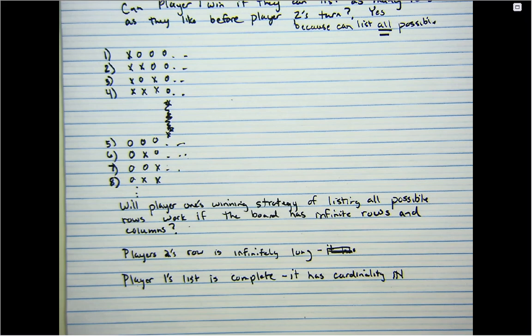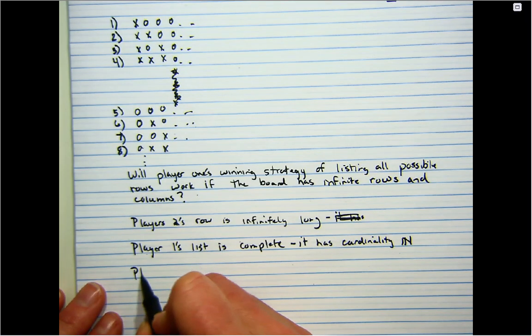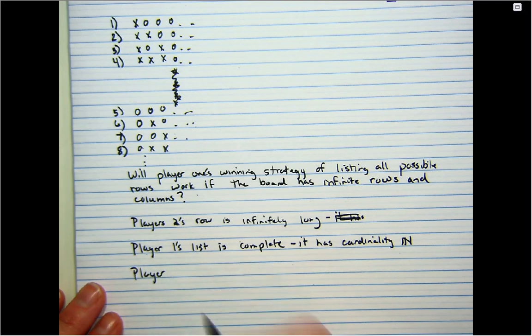So, you told us, what does player two do to win? Just does the opposite. Good. So player two can still win, doing the same strategy as you did when you won as player two.